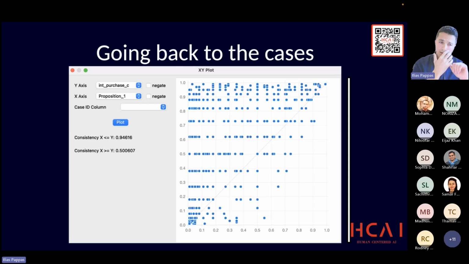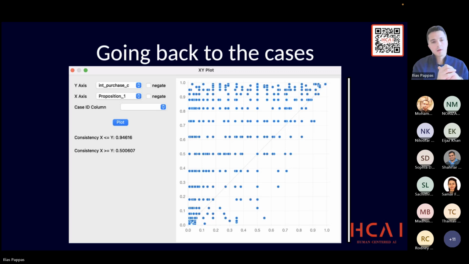So I see here that this proposition holds true for a good amount of my sample, but not everyone. But that means that there's also a good amount of people that, even though they may be high on the proposition that I made, so the conditions will be high, they will not have a high intention to purchase.